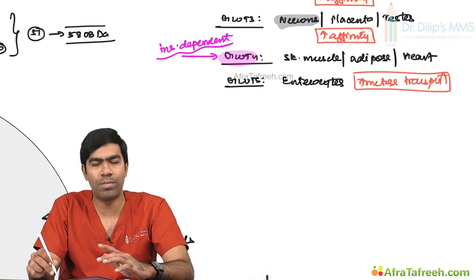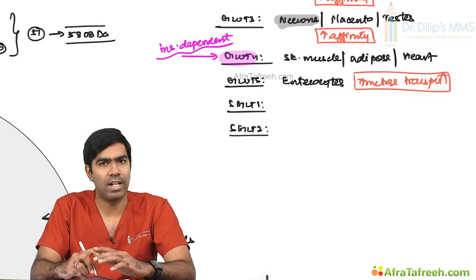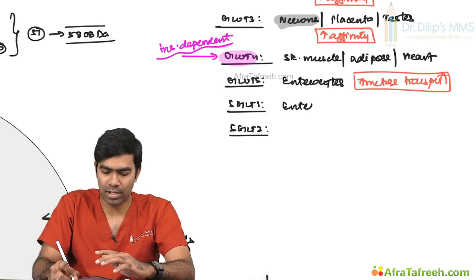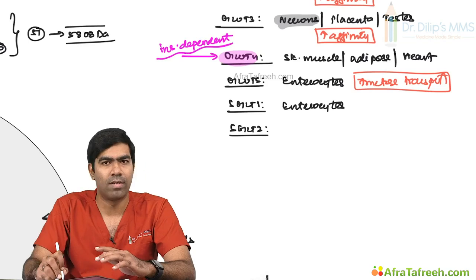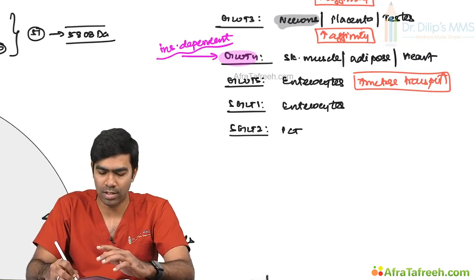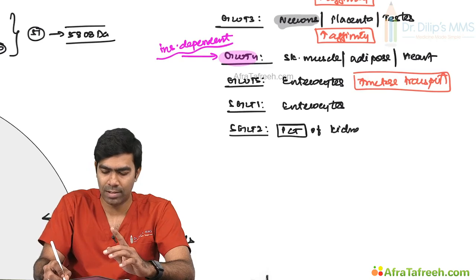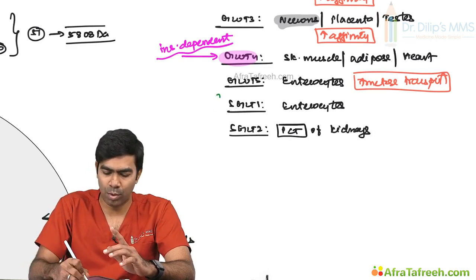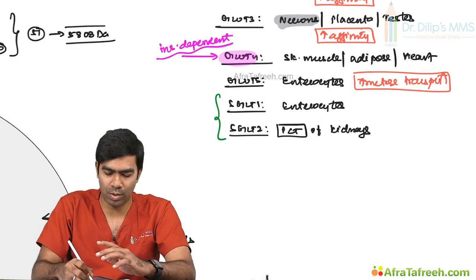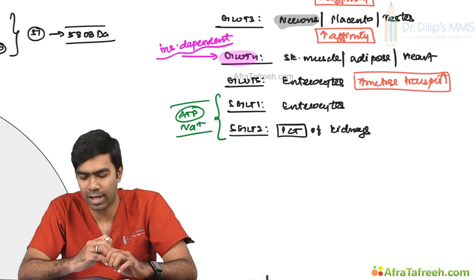Then we have 2 sodium glucose transporters, SGLT1 and SGLT2, where SGLT1 is typically present in the enterocytes, especially in the small intestine, where they're involved in glucose transport, whereas SGLT2 is involved in glucose reabsorption in the proximal convoluted tubule of the kidneys. And remember that both SGLT1 as well as SGLT2 transporters are ATP dependent as well as sodium dependent. These are probably some examples of secondary active transport as well.